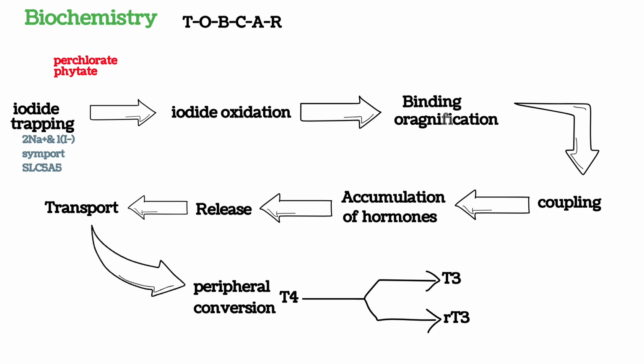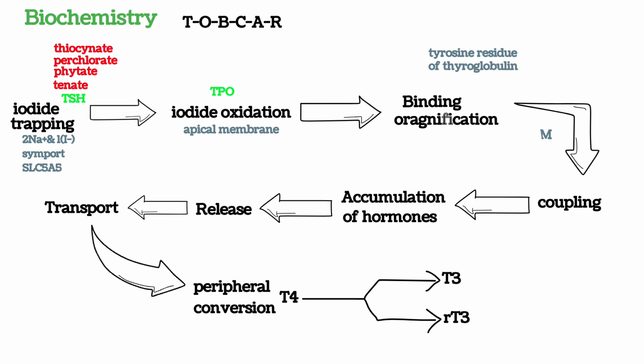This gene will regulate the sodium iodide symporter channel. Thiocyanate, perchlorate, phytate and tannate inhibit the iodine trapping, whereas TSH stimulates the iodine trapping. Thyroid peroxidase enzyme is required for iodine oxidation, and it is present toward the apical membrane.